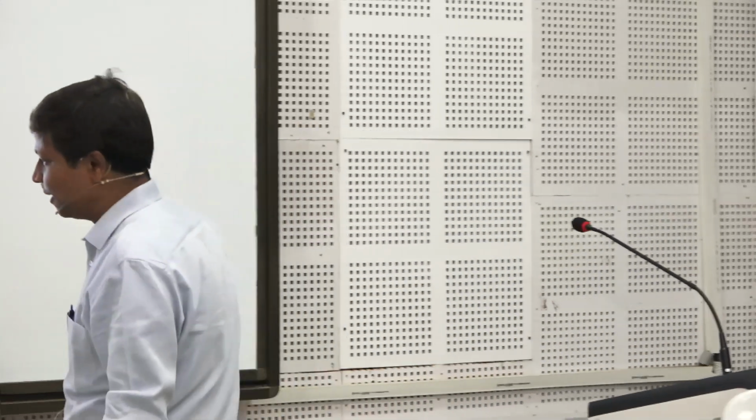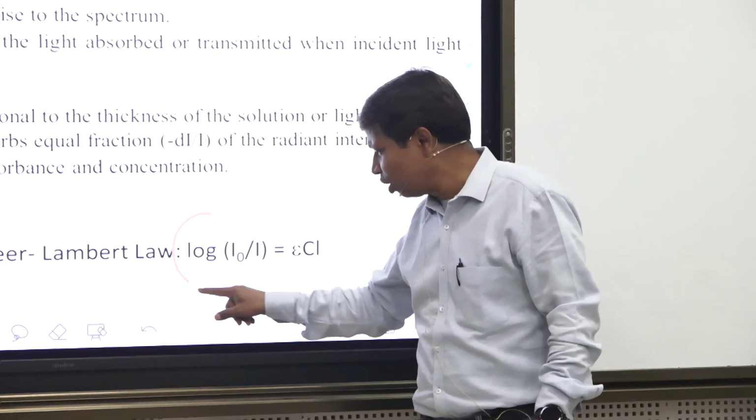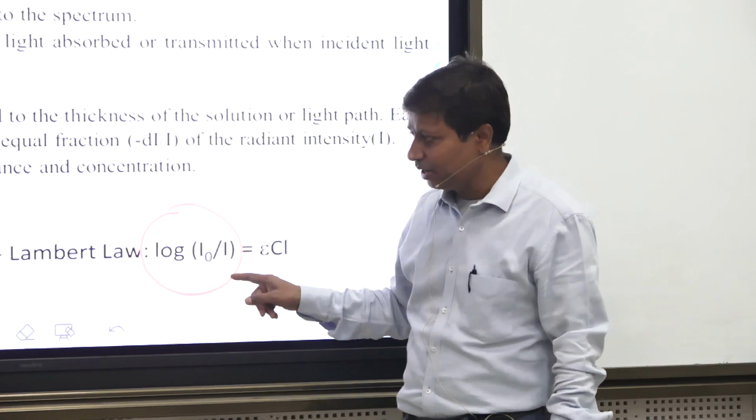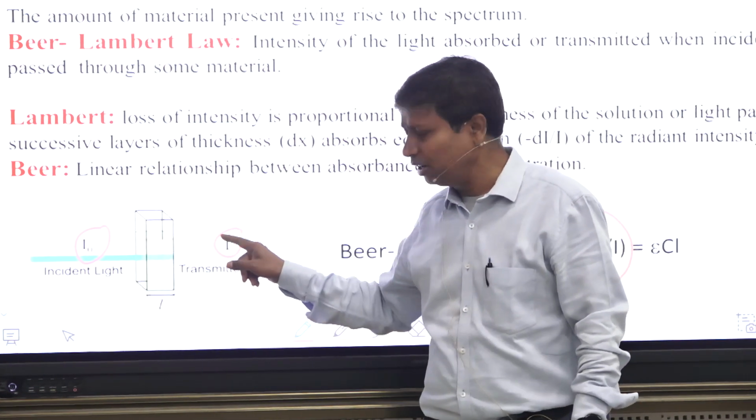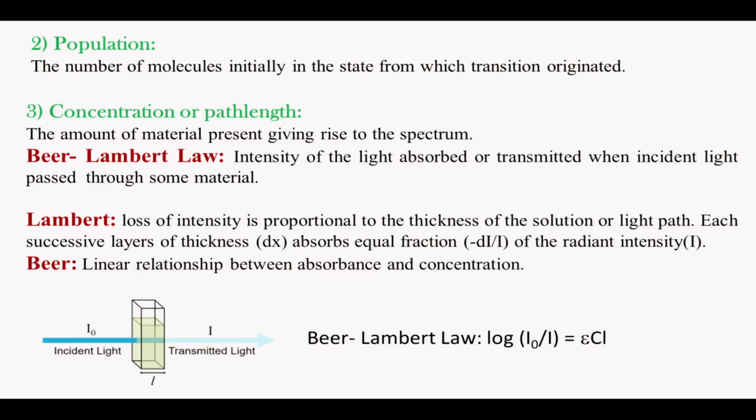What it says is that log I0 by I, where I0 is the incident light and I is the transmitted light. So I0 and I will be different if your solution has absorbed some light. So log I0 by I is called absorbance, or simply OD, optical density.